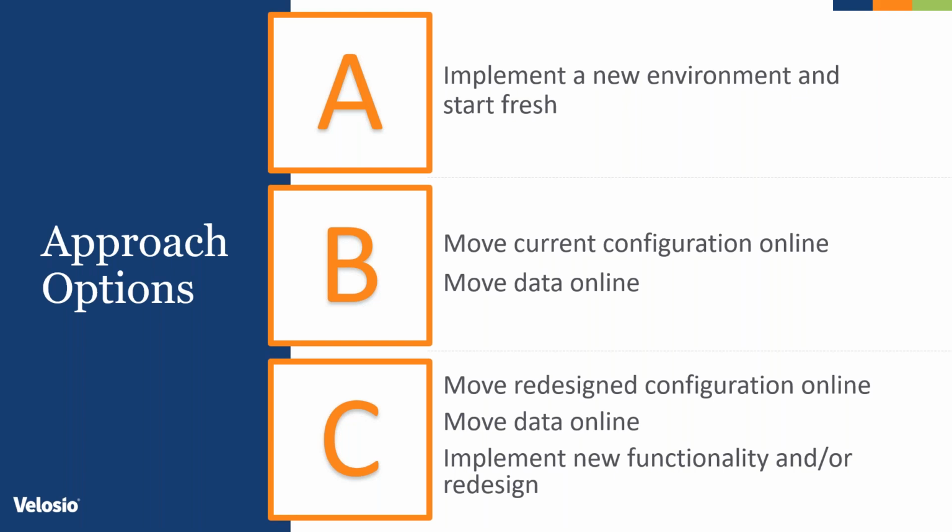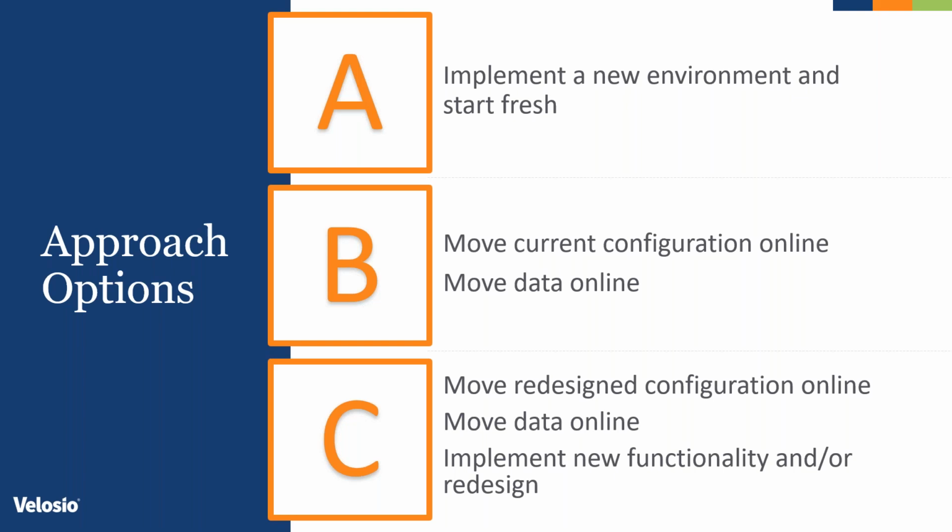Now, this last option C, what we're talking about here is the configuration from your current CRM environment. You move online, but perhaps as part of that process, we do a bit of a redesign. So if there's parts of your CRM that were designed several years ago, maybe for processes that are outdated or things that you guys aren't doing anymore, now is a good opportunity to revisit those and say, okay, how can we make D365 Online work best for us versus how can we just continue the way we are today?